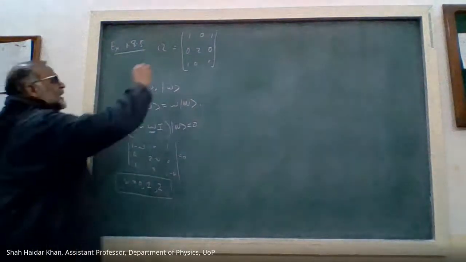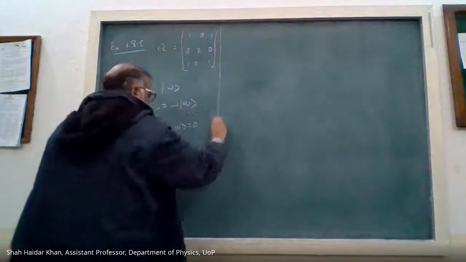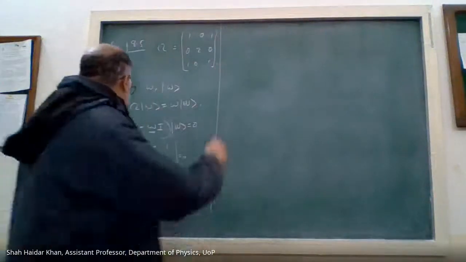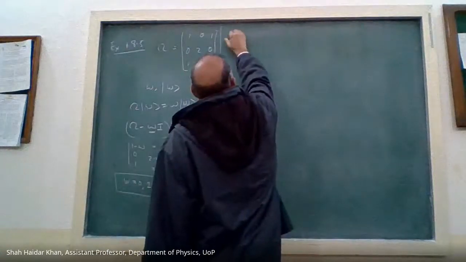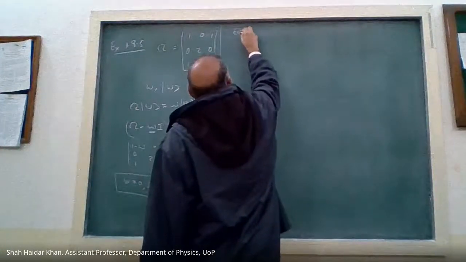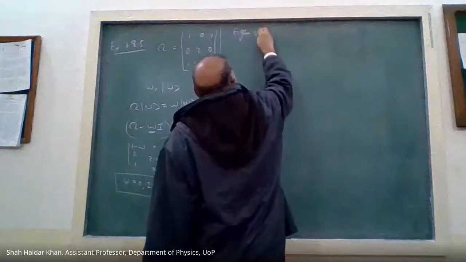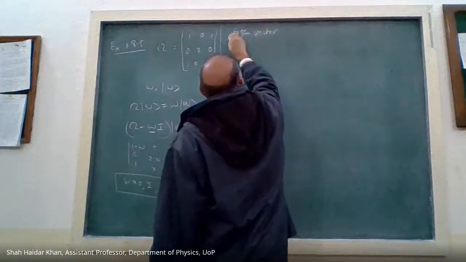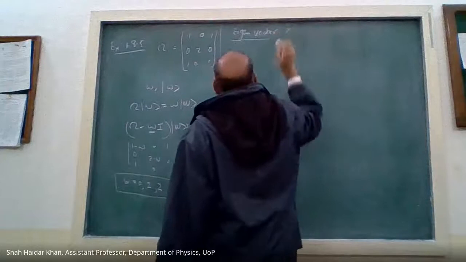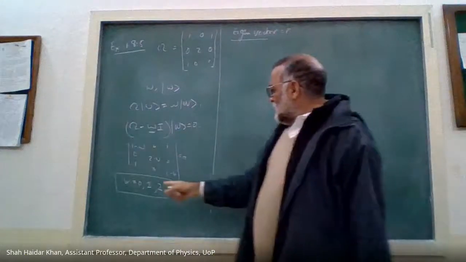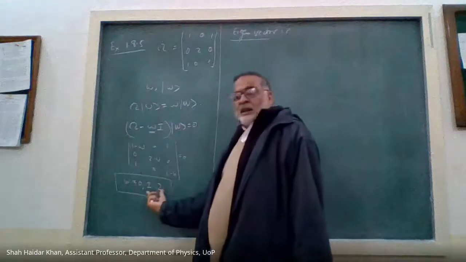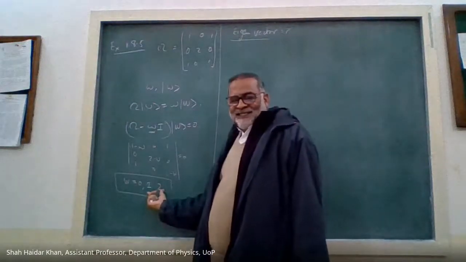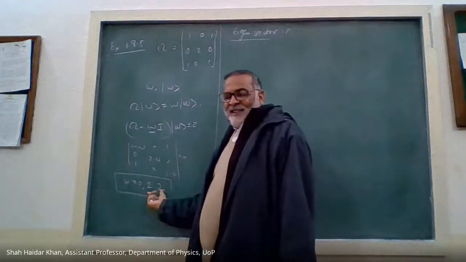Now, how to find the eigenvectors? So we found the eigenvalues. Now, how to find eigenvectors? Omega is equal to 0 and 2. So here there is a double degeneracy, right?